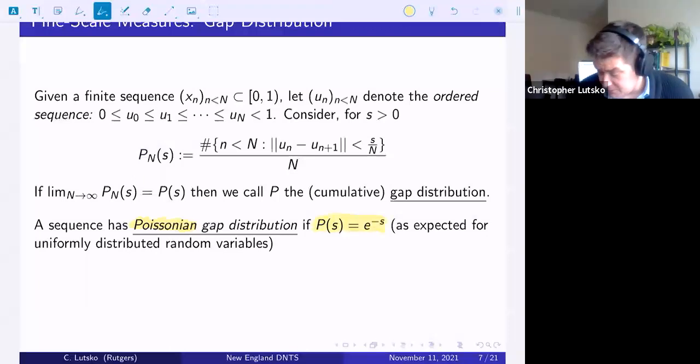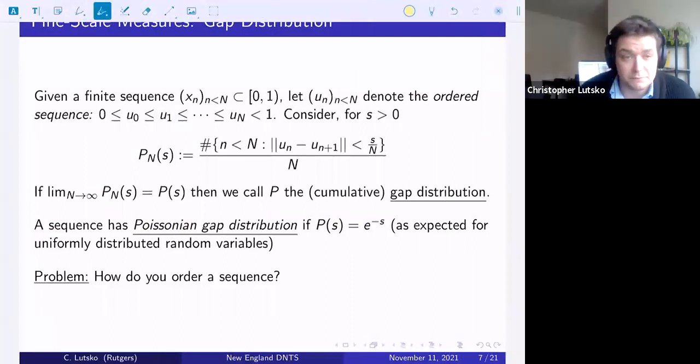But this has a problem, which is that analytically, it's very hard to order a sequence. At time capital N, it's hard to know who is neighbors with who. If you want a mathematical explanation, we have to introduce a bunch of minima, and minima are hard to deal with analytically.